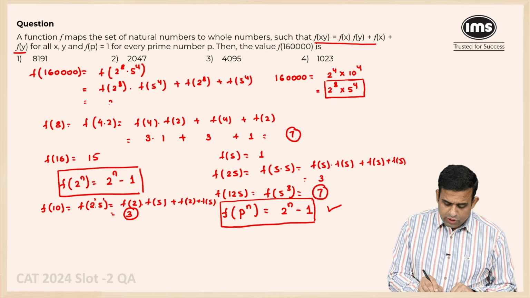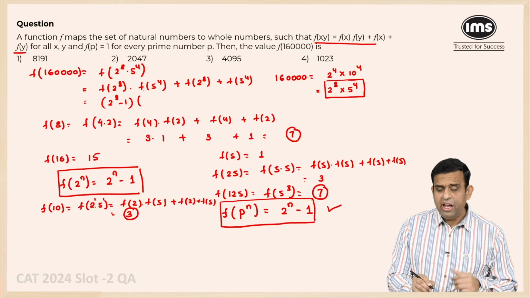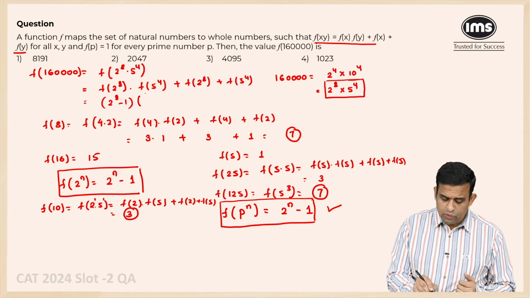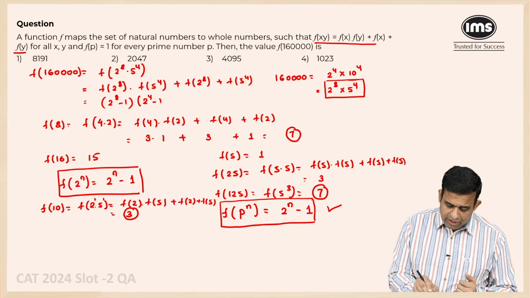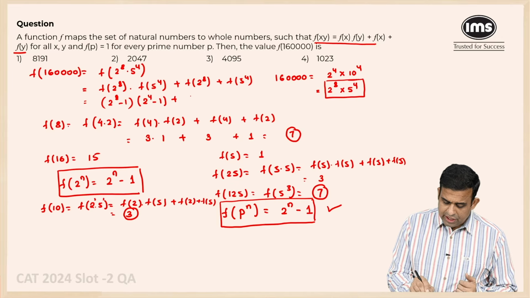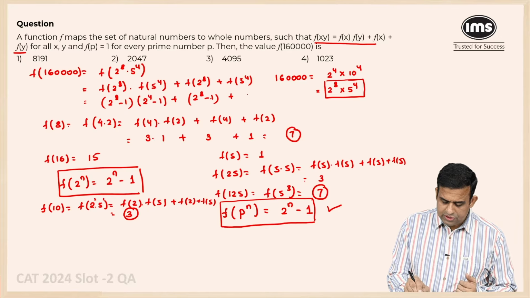This will be equal to 2 raised to 8 minus 1 times f of 5 power 4, which will be equal to 2 raised to 4 minus 1, plus 2 raised to 8 minus 1 plus 2 raised to 4 minus 1.